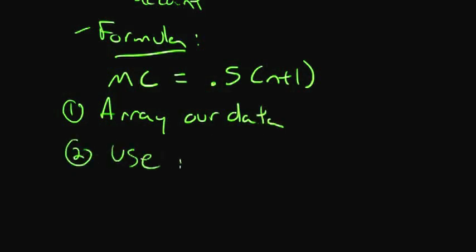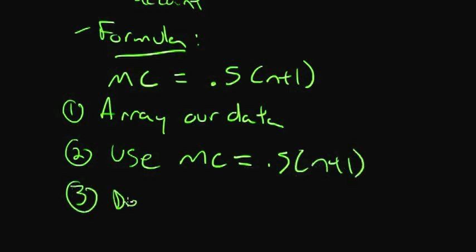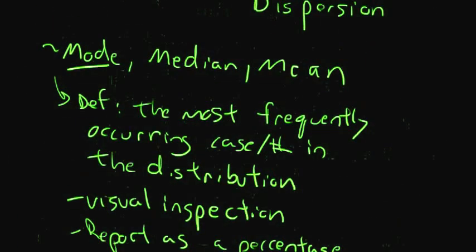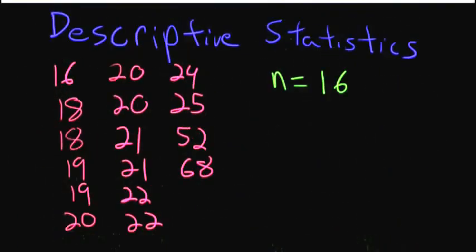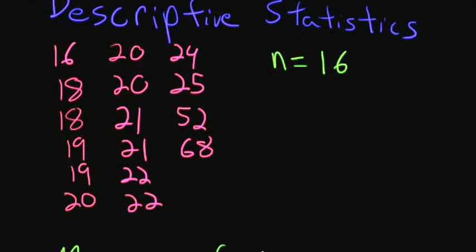Then we use the MC equals 0.5 (n + 1) formula. And then we determine the middle case, MC. And how that's done is pretty simple. So we first array the data. We look up here. When we started writing our ages down, we just kind of randomly wrote them around, which wasn't too bad, so to speak. But it doesn't really look pretty.